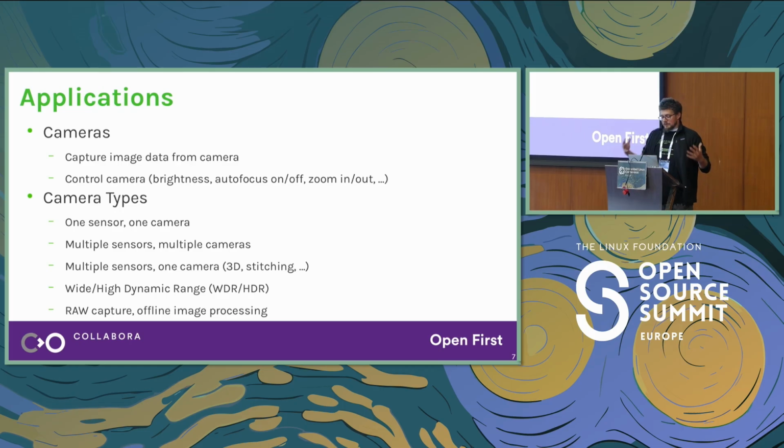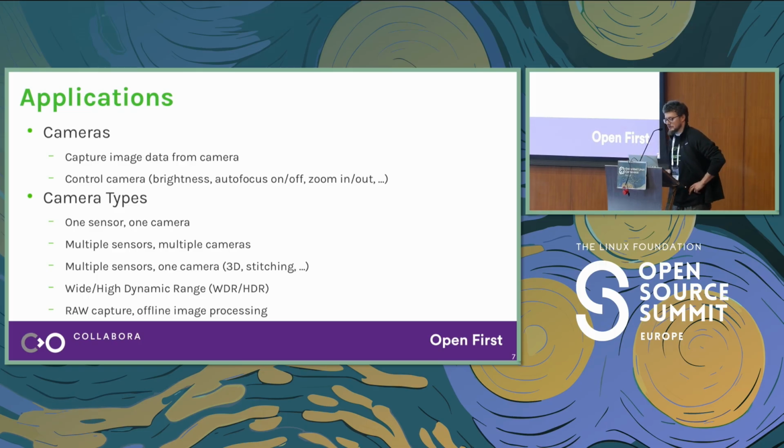Let's group all those applications you can imagine into different categories you can envisage with these kinds of SoCs. Most straightforward is, of course, one sensor and one camera. However, you could also have multiple sensors and multiple cameras with those SoCs.